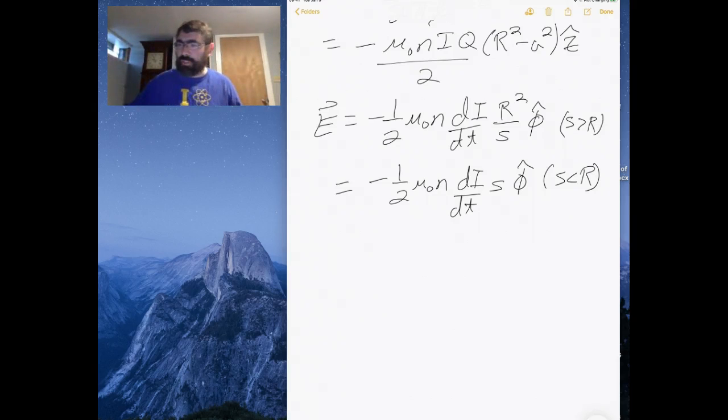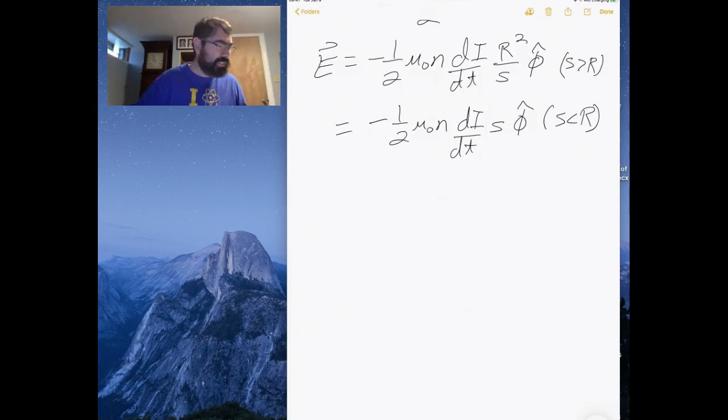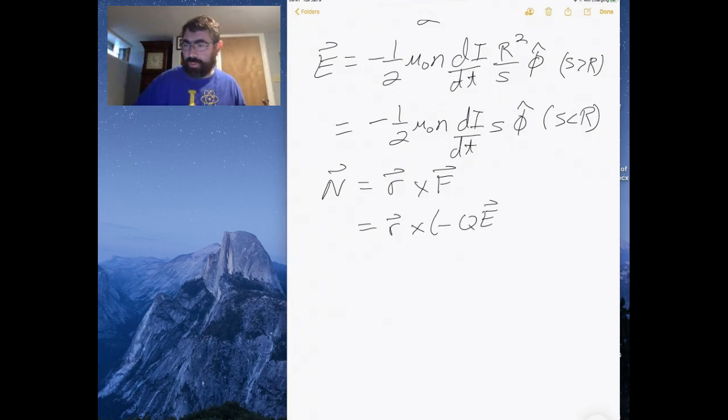If I want to calculate the torque, then the torque would be R crossed into the force, which in this case would be R crossed into minus QE.